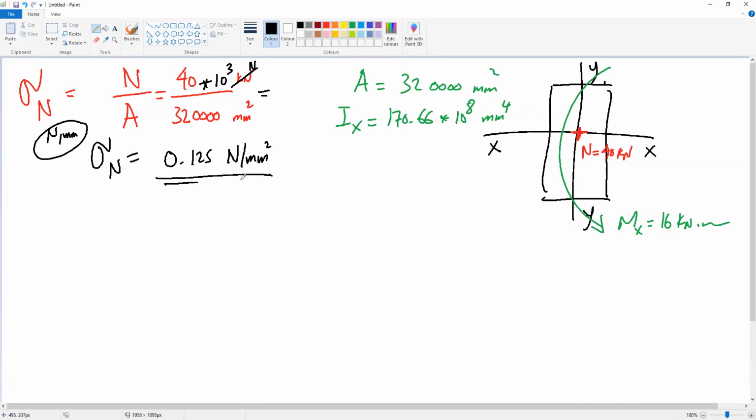The stress due to normal force can be tension or compression. Tension is positive, compression is negative. What is the sign of this stress? Is this force compression or tension? Anybody can answer?